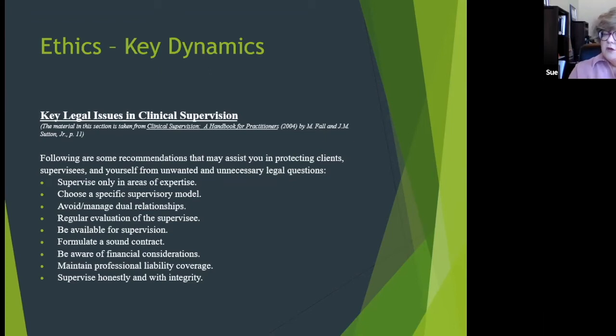So yes, you're monitoring the clients that they have, and that the clients are getting what they need, but you're allowing your supervisee to have independence and decision over what they do with their clients, and you're helping them with that process. So your focus being more on the development of your supervisee and how they're providing services, rather than you dictating kind of what they're doing.